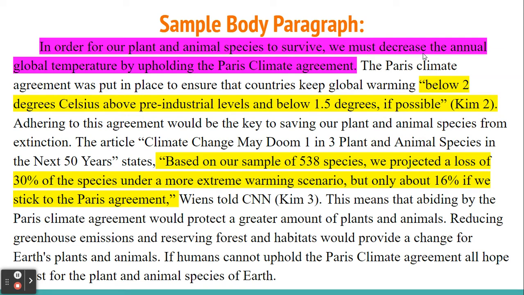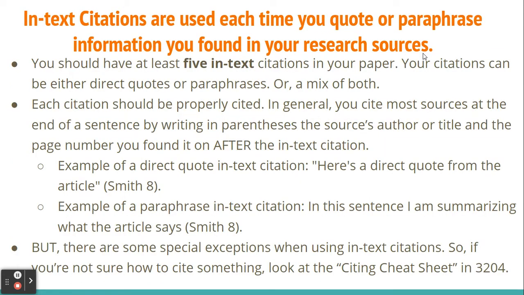And if you notice, there are 2 instances in yellow where she uses direct quotes or in-text citations. So let me talk about that for a minute. Just to jog your memory, in-text citations are a way for you to tell your reader where you got your information from and to give credit where credit is due.